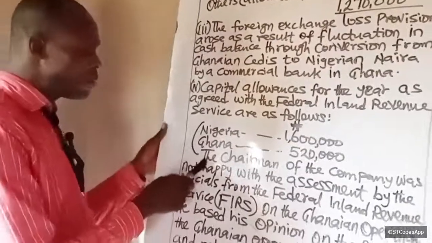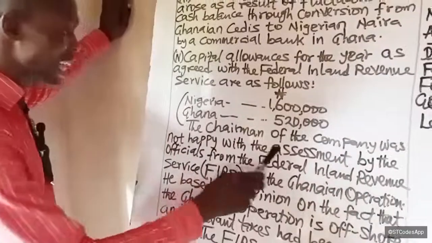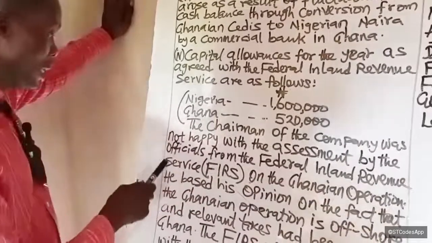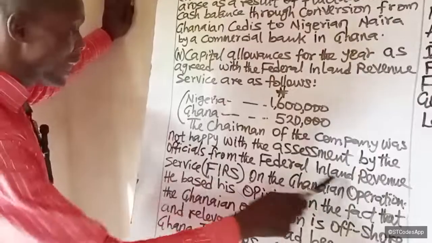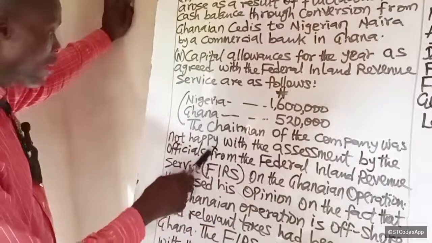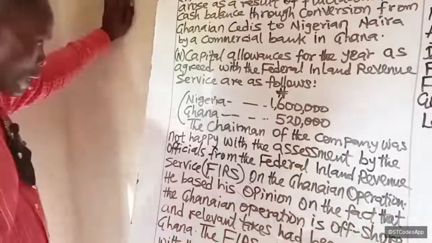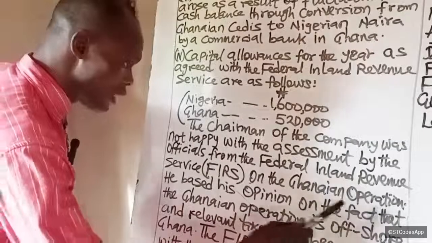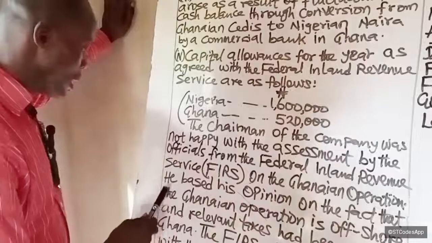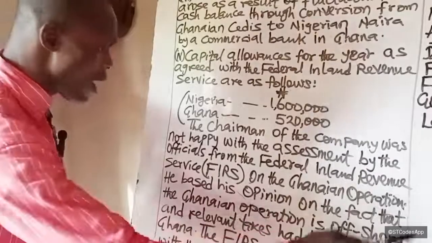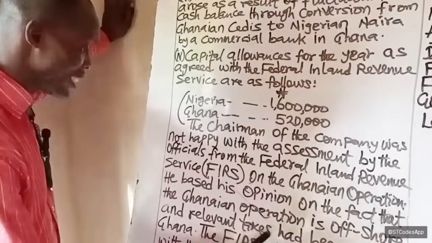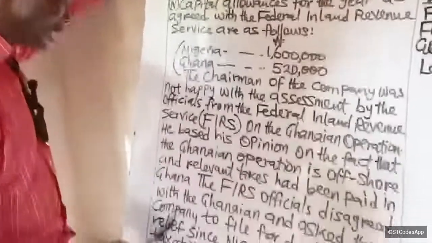Now, the chairman of the company was not happy with the assessment by the officials from the Federal Inland Revenue Service, FIRS, on the Ghanaian operation. He based his opinion on the fact that the Ghanaian operation is offshore and relevant taxes had been paid in Ghana.